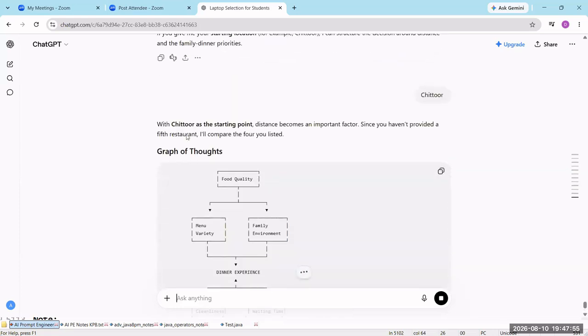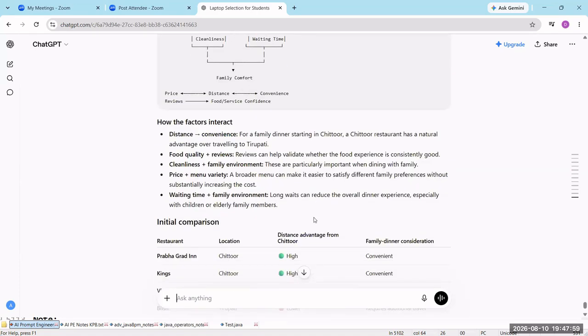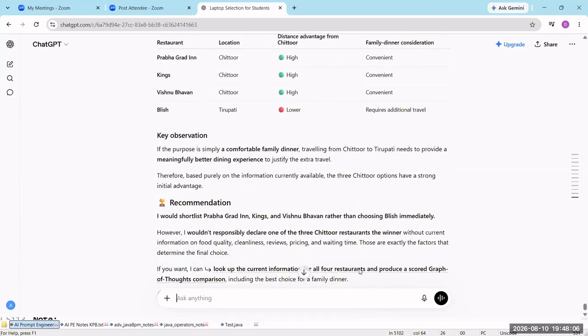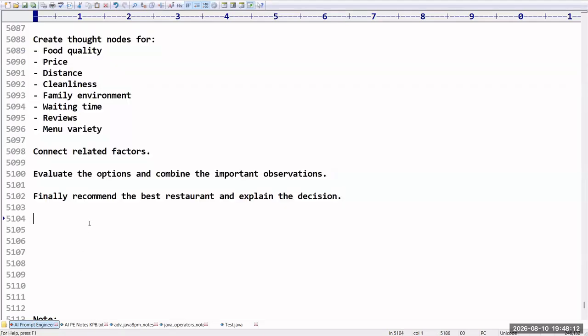So you can see if you take Chittur as a starting point, so what are all the best things? Prabha Grand Inn, okay, Bliss. So recommendation, like that, it is giving some options. Clear up to this.